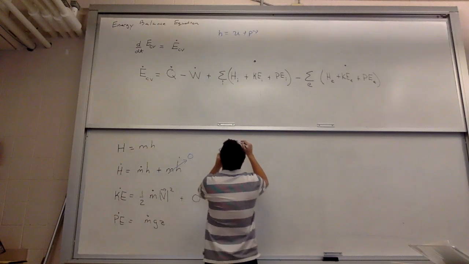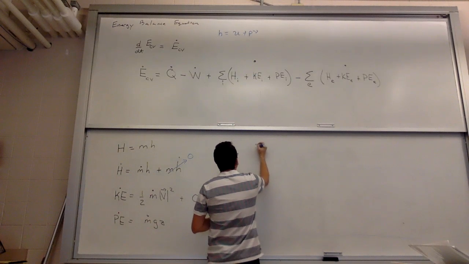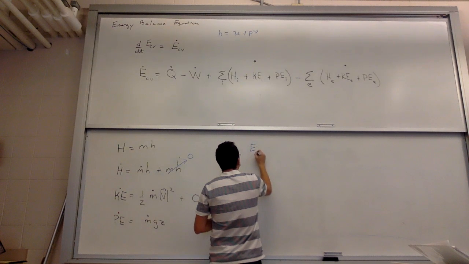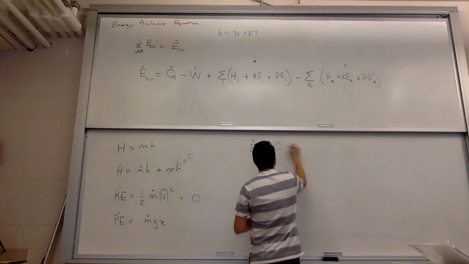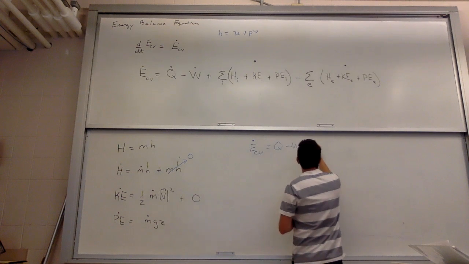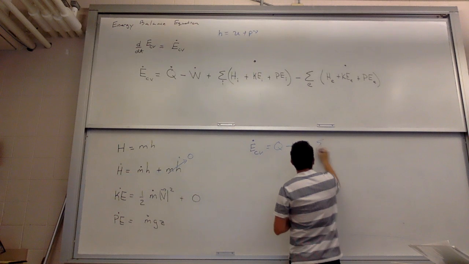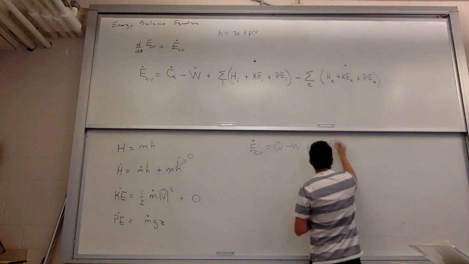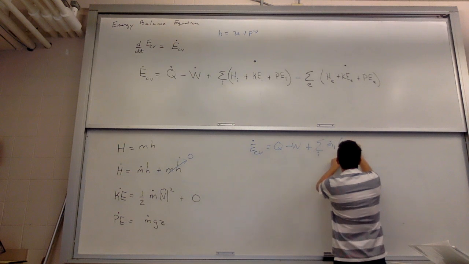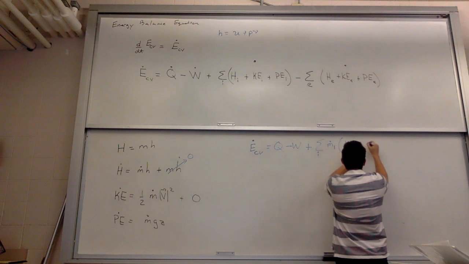So our energy balance equation says that the energy of the control volume is Q minus W plus some of our inputs, M dot i, for the inputs, times h plus v_i squared over 2, the velocity squared, not specific volume.